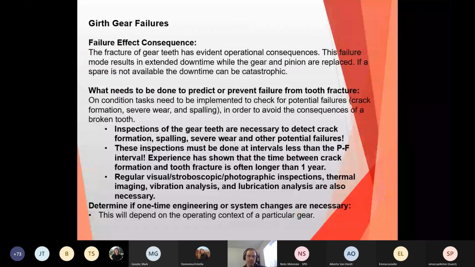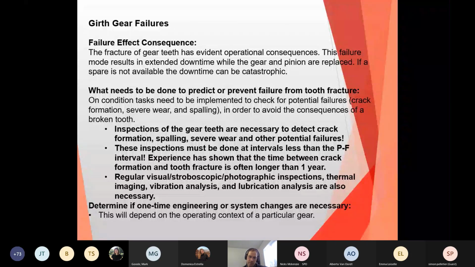So as we move through that RCM process as well, we get into the failure effect consequences. So now we're looking at how this actually affects the operation. And basically this failure mode can result in extended downtime when the gear and pinion are replaced. If a spare is not available, the downtime can be catastrophic.